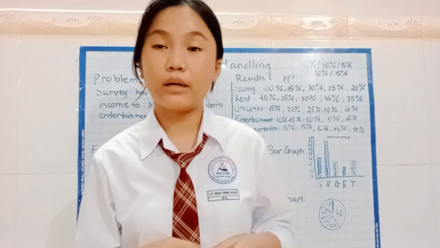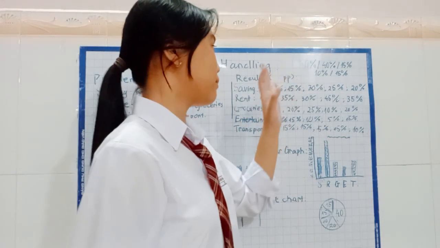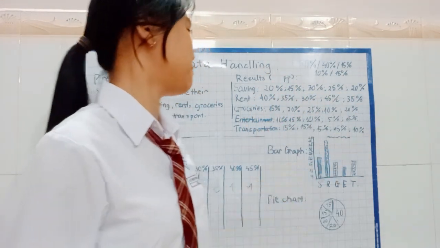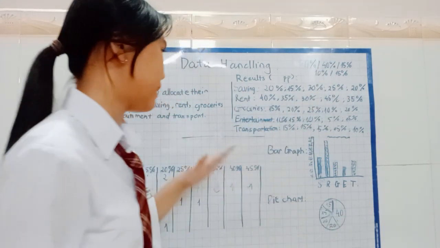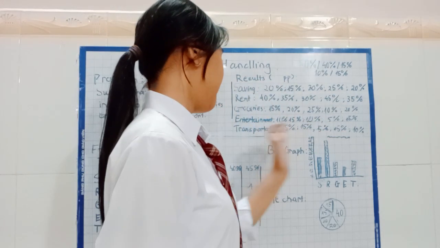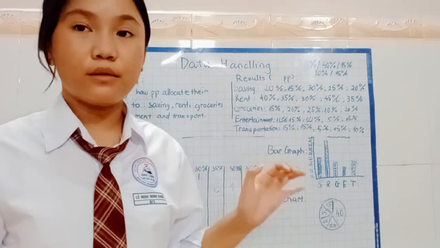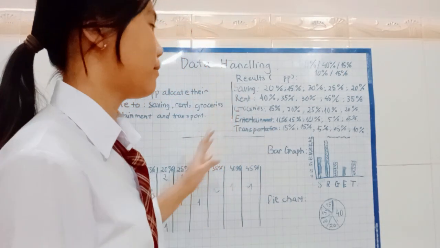Our raw data here is already collected from 5 people, and these are the amounts of money spent on savings, rent, groceries, entertainment, and transportation, respectively. So those are our important points.